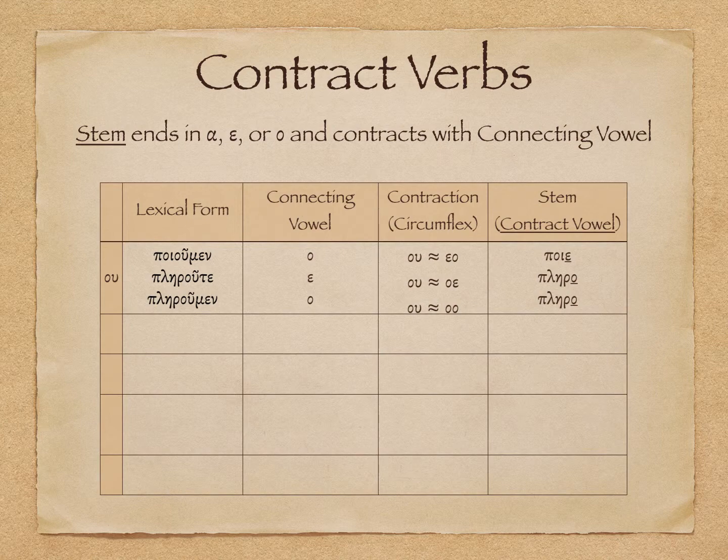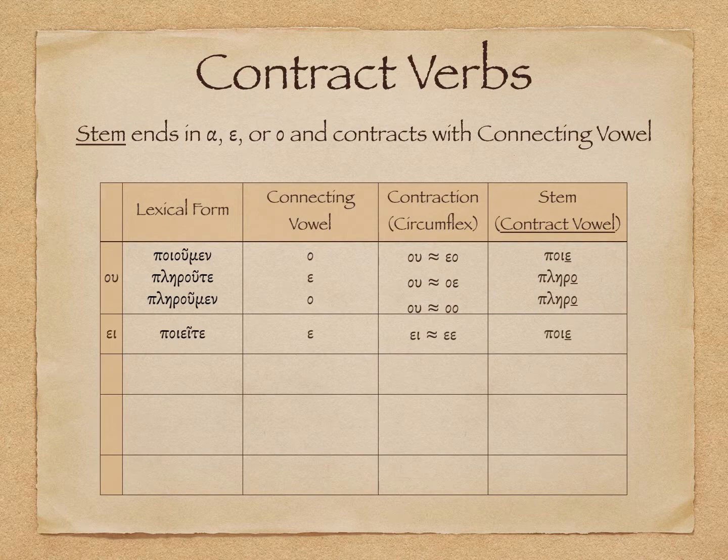We know that epsilon is the connecting vowel, so we're halfway there. If we have an ou as the result and the epsilon is one element, what contracts with it to get ou? It's omicron. And you see that that is underlined there, plero. And pleroumen, the connecting vowel, omicron, so you have an omicron with an omicron to get omicron upsilon, circumflex over that, ou. That's the first and most common of the contractions.